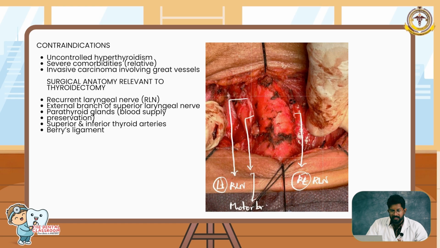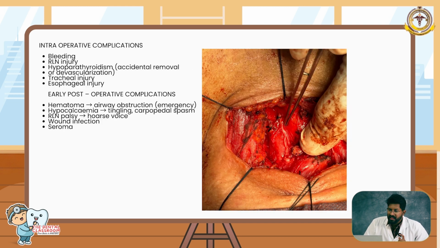Predominantly in thyroidectomy, the structures you need to be very careful about are the recurrent laryngeal nerve, the external branch of the superior laryngeal nerve, and the parathyroid gland; blood supply should be preserved, and the superior and inferior thyroid arteries should be carefully dissected. Berry's ligament is in proximity. It gives a landmark for most of the structures, so it has to be carefully dissected. These structures should be kept in mind during thyroid surgery.